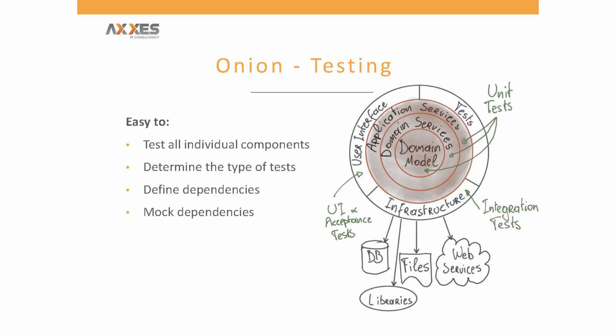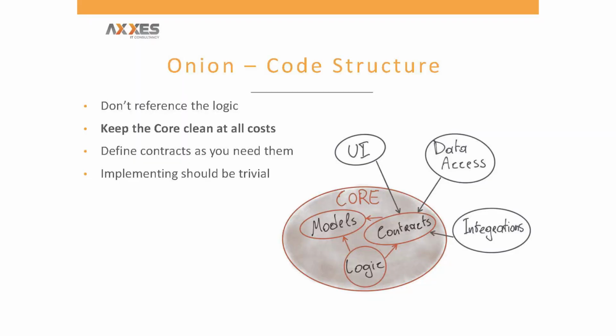The thing is that there you can write your UI tests or your integration tests or your acceptance tests, that kind of stuff. And because all the references are clear and all the dependencies are clear, stuff becomes really easy to mock.